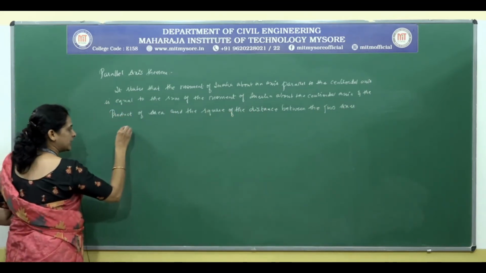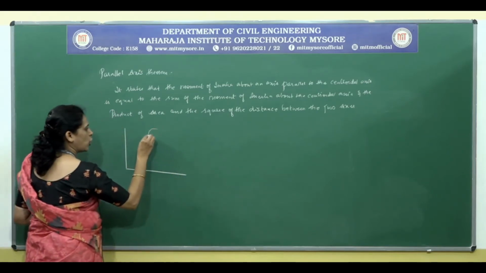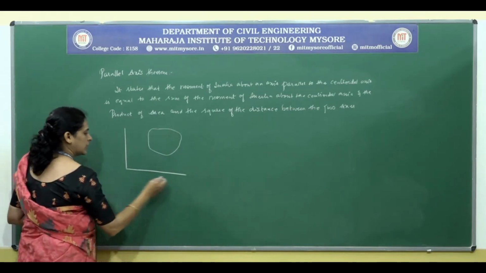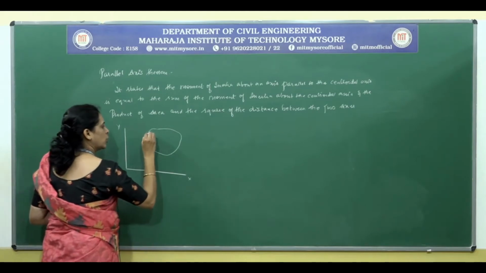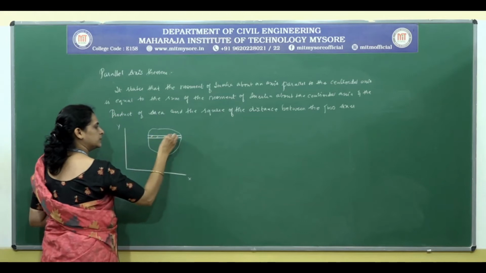So to understand that in a better way, we'll draw a diagram. X and y axes. We select an elemental strip.